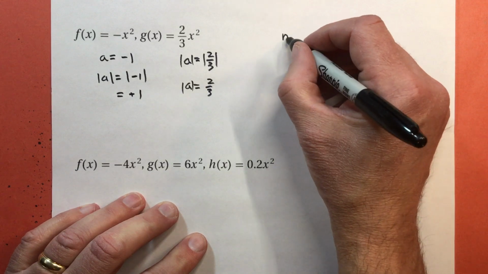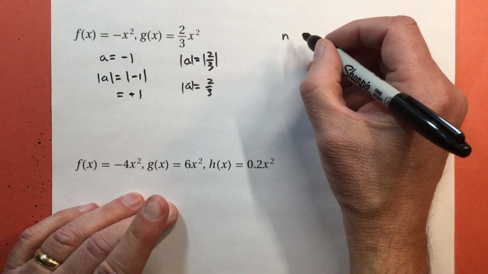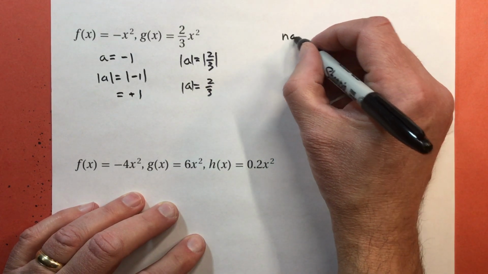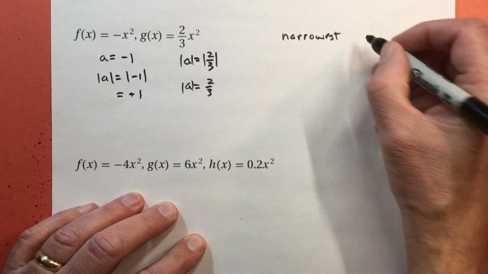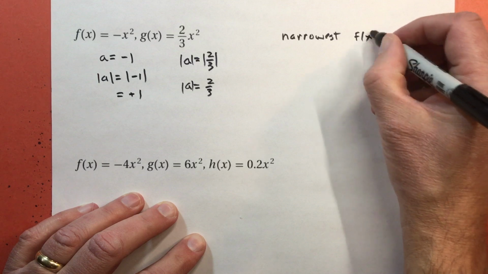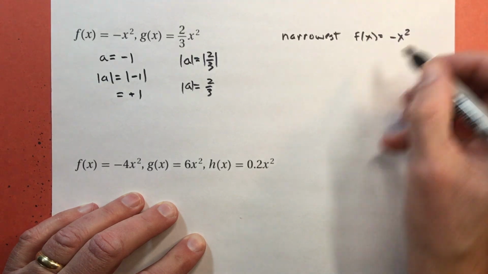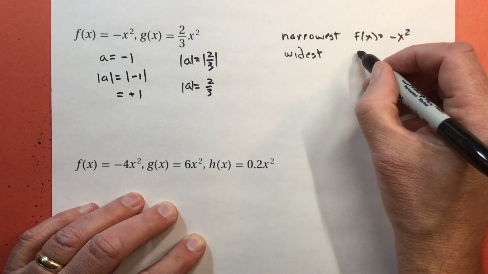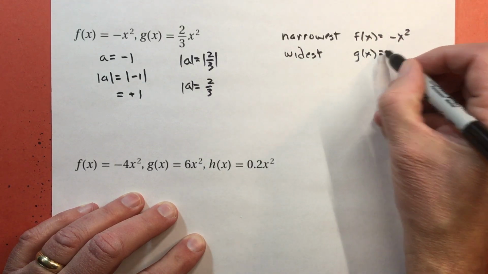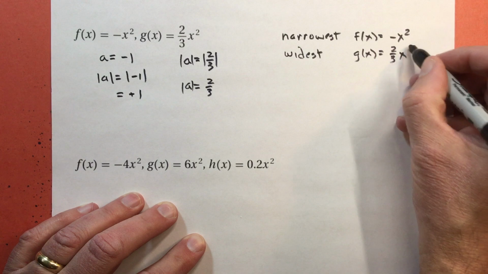Yes, I had to double check whether it was narrow to wide or wide to narrow. The narrowest, the skinniest, is going to be f of x equals negative x squared. Between these two graphs, the widest graph is going to be the other one, g of x equals 2/3 x squared.